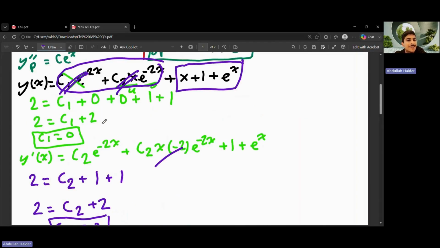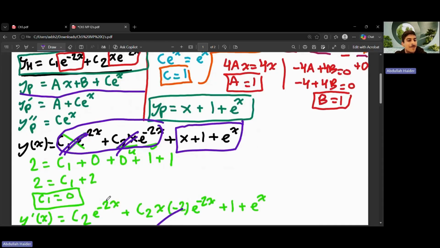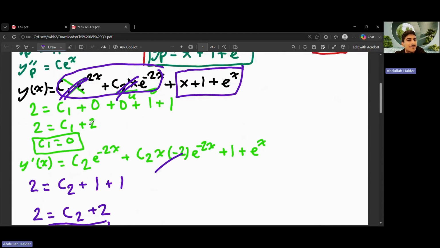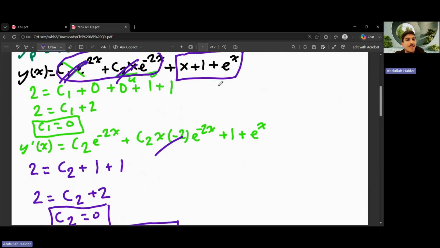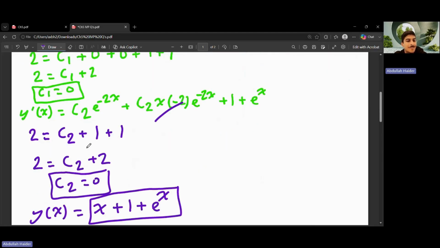Otherwise you can tell me, if I got C1 0, C2 0, then what was the purpose of applying the initial conditions when yp was already given and that turned out to be the final answer? But it depends on the numbers of the question. Miraculously, you got C1 0, C2 0. There's nothing we can do about it.